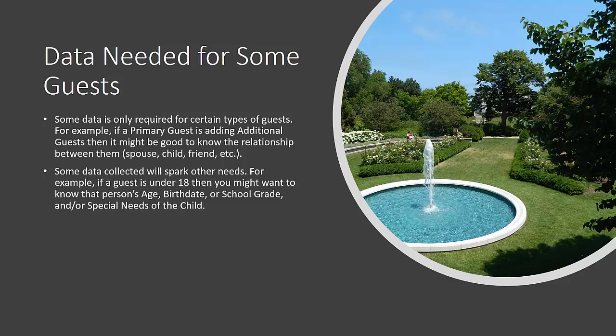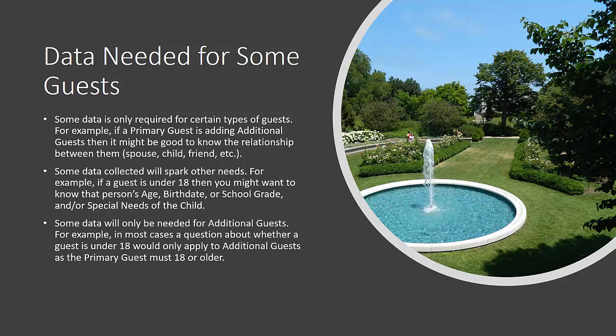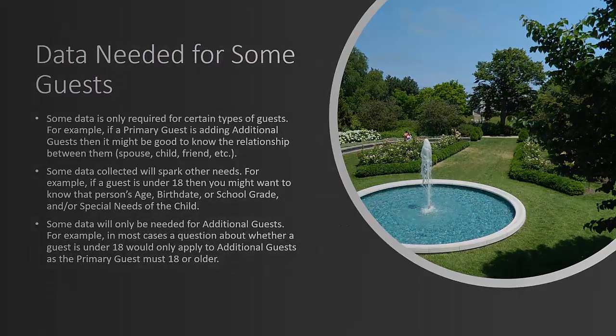For example, if a guest is under 18, then you might want to know that person's age, birth date, or school grade, and/or if there are any special needs for that child. And some data will only be needed for additional guests. For example, in most cases, a question about whether a guest is under 18 would only apply to additional guests, as the primary guest must be 18 or older.